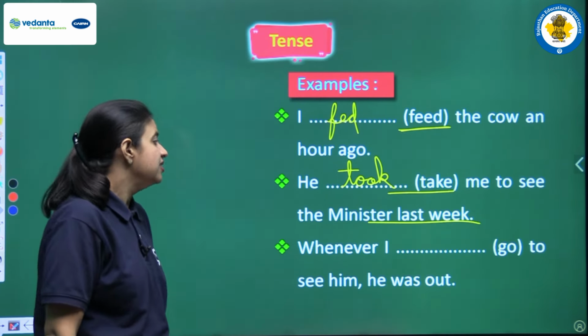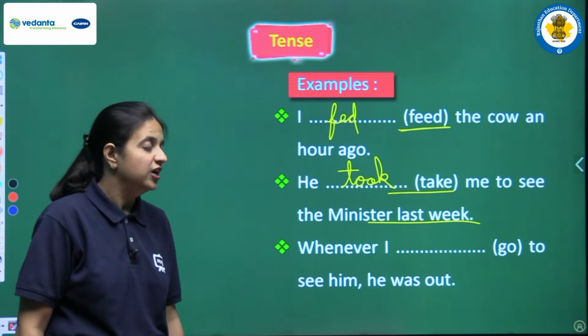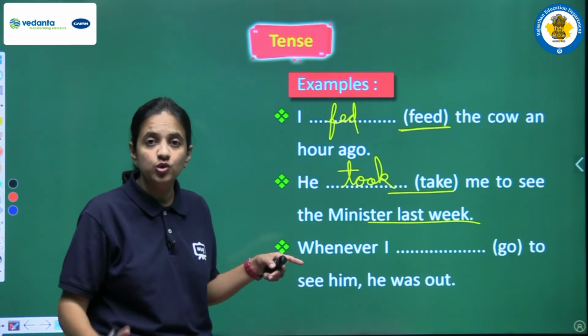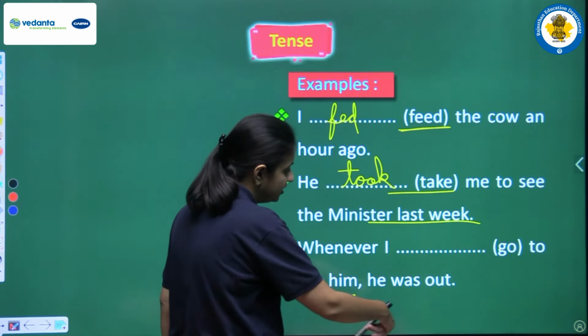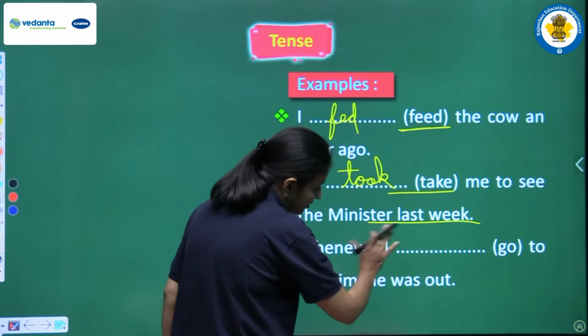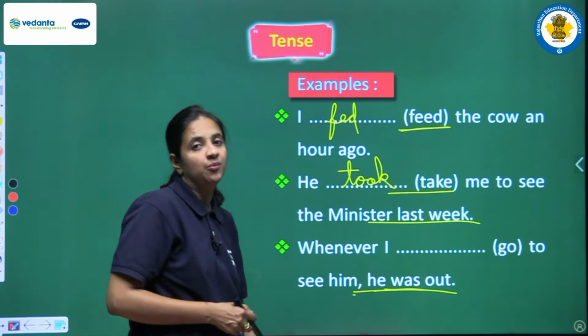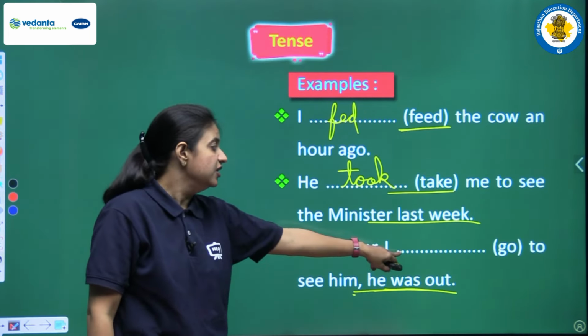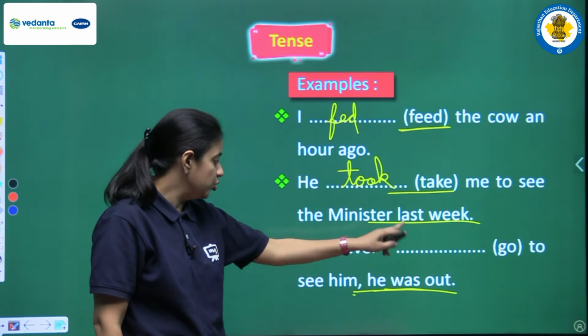Next sentence is, whenever I go to see him, he was out. So in this sentence we have two different clauses, right? Because we have a comma here and a full stop at the end, and the second clause is written in past form, so we will write this clause also in past form. So the sentence is, whenever I go to see him.